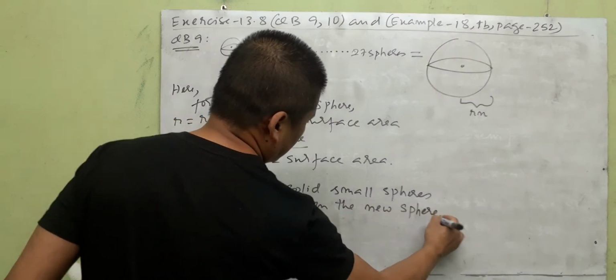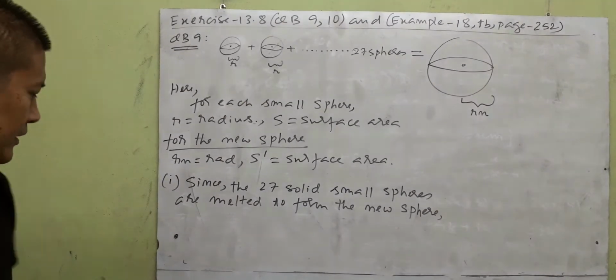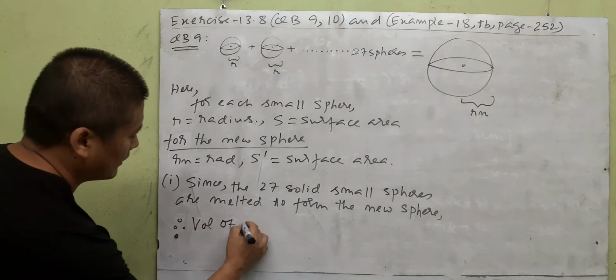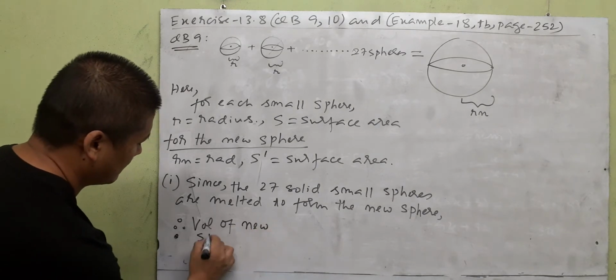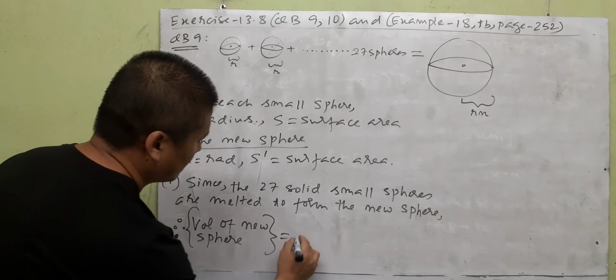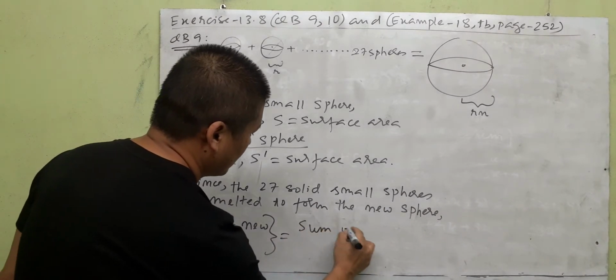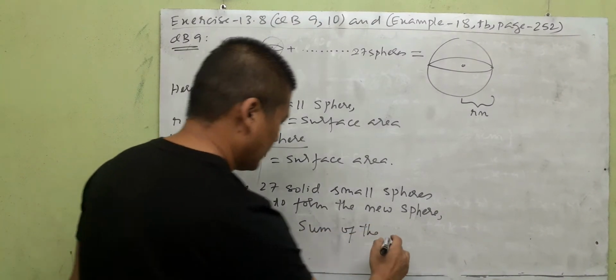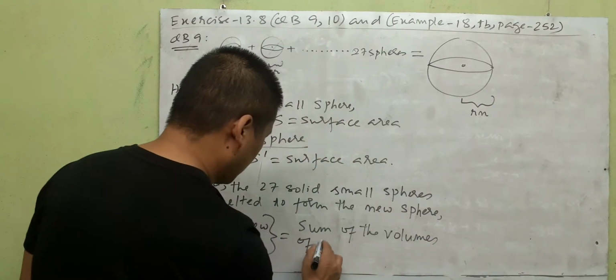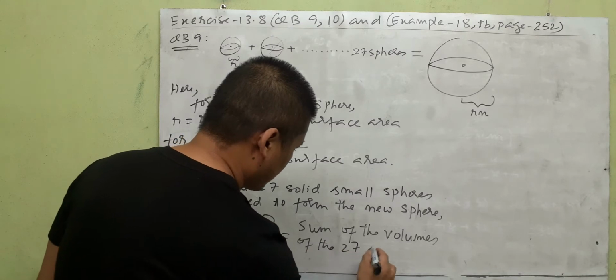Because of this reason, we can write, therefore, common sense: the volume of the new sphere, the single big one, will be equal to the sum of the volumes of the 27 small spheres.